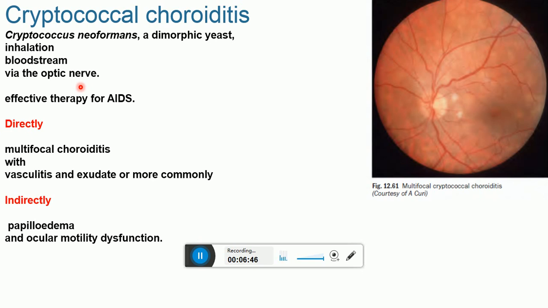Clinically significant infection is now much less common since the advent of more effective therapy for AIDS. Ocular involvement may occur directly, for example, multifocal choroiditis. This is multifocal cryptococcal choroiditis with vasculitis and exudates. It more commonly occurs indirectly, with papilledema and ocular motility dysfunction.